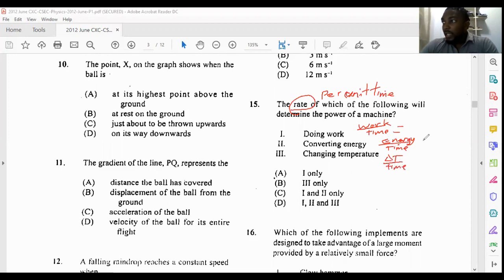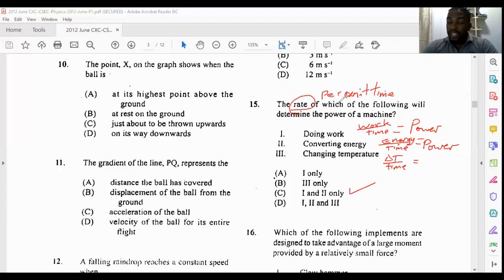So we should have knowledge of these formulas. Work divided by time gives you what? It gives us power. Energy divided by time also gives us power. However, the change in temperature over time doesn't give us power. So we see our most appropriate answer there is 1 and 2 only.